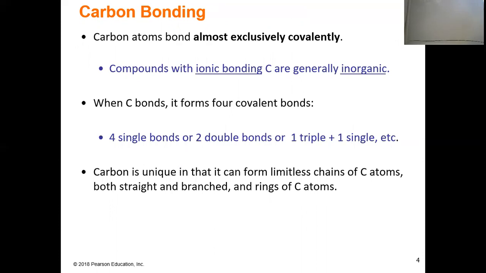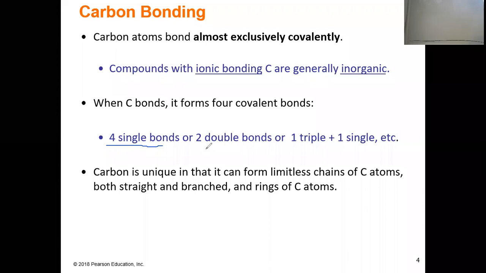When carbon does bond covalently, it does so by creating 4 bonds, okay? These bonds don't necessarily have to be 4 single bonds. They can be, but they can also do any kind of combination. So you might have 2 double bonds, a triple bond, and a single bond, a double bond, and 2 single bonds.